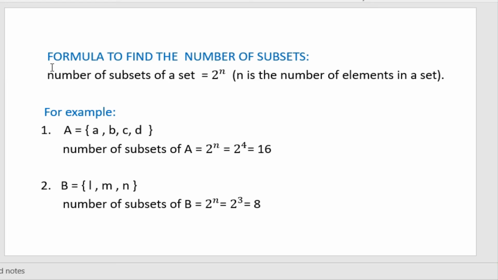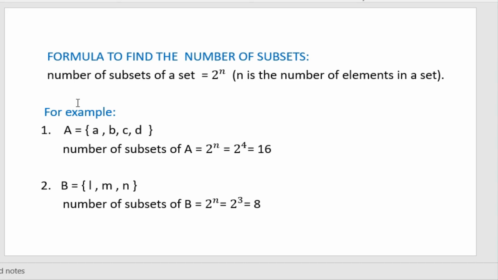Now students, if we want to find the number of subsets which we can make from a set, the formula is 2 power n, where n is the number of elements in the set.